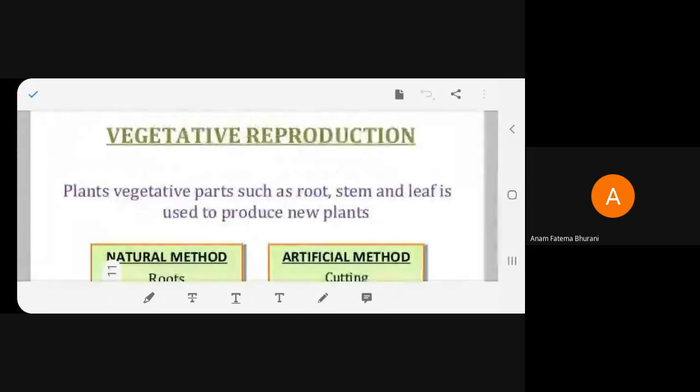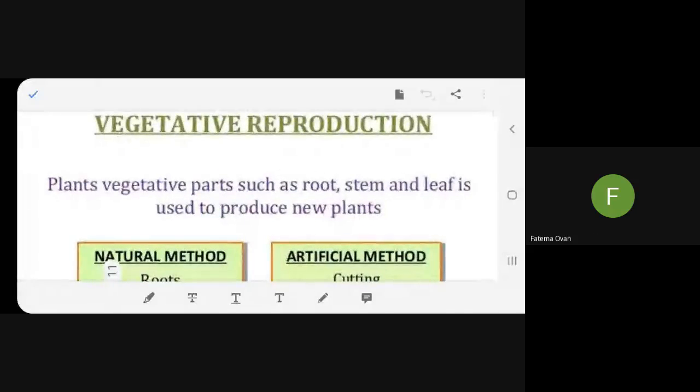Now we are going to work on vegetative reproduction. Ma'am, can I read? I want to give a chance to all of you. Fatima, I think you have already read once. Then Zainab Rupani takes on the charge. All of you will get a chance one by one. The ones who have read, please do not ask me to read.